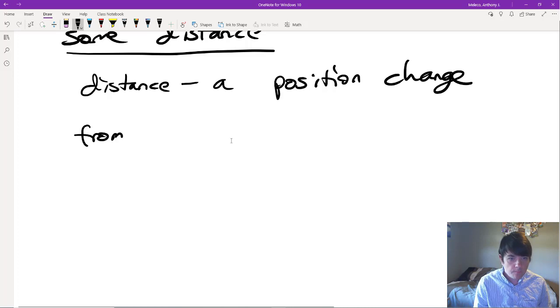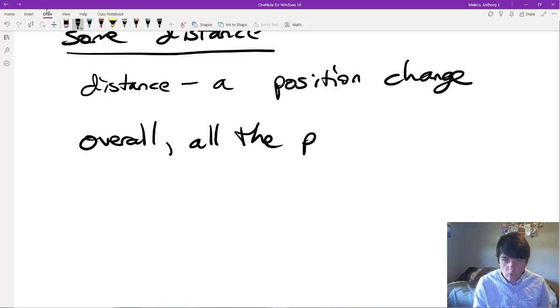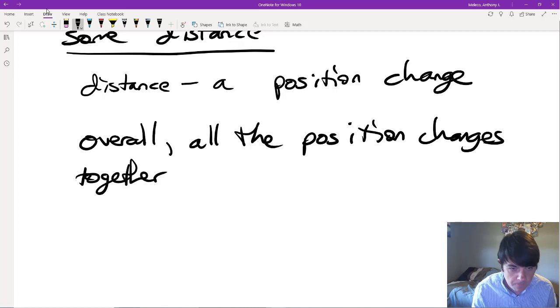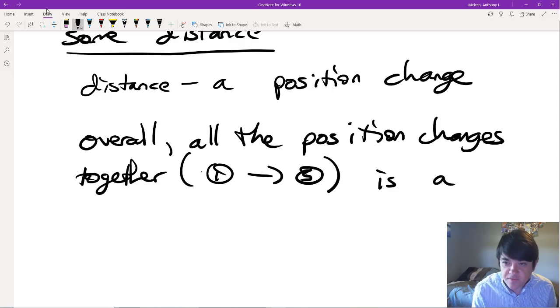So overall, all the position changes together, which is 1 to 5, is a displacement, okay?